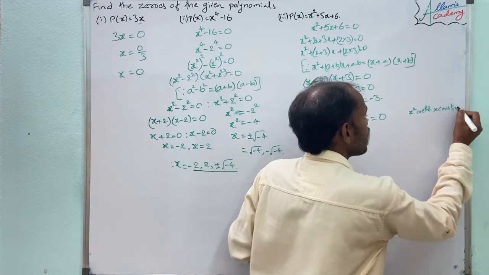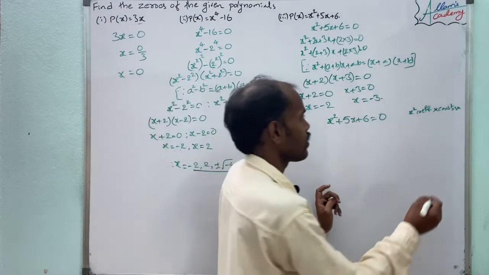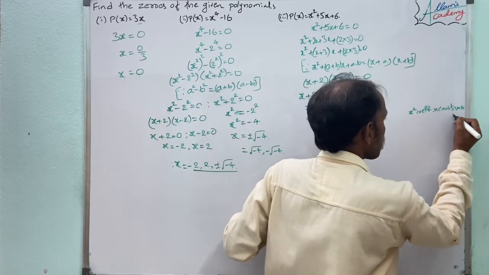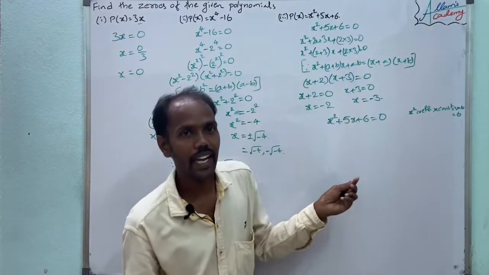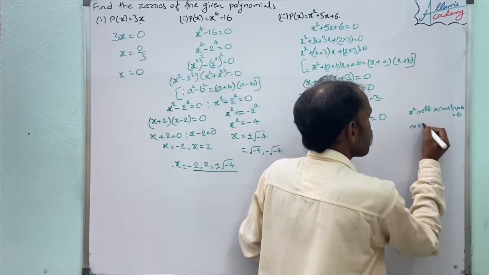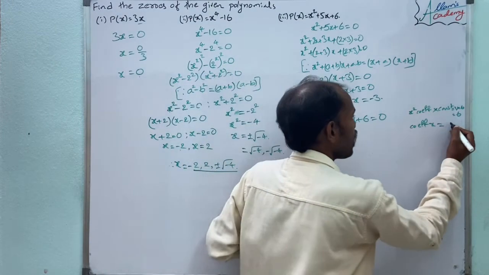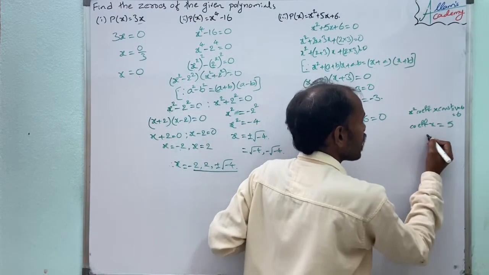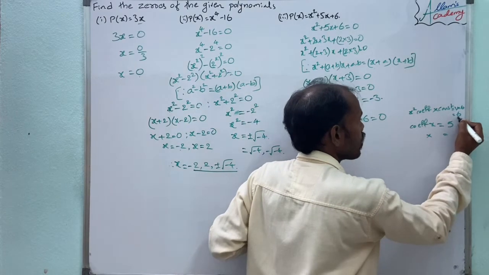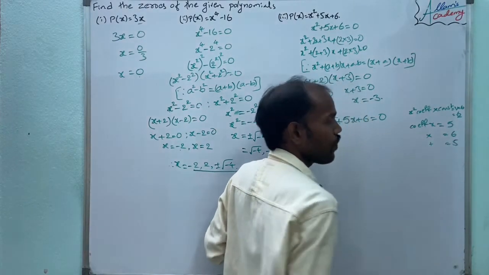So 1 into the constant term 6 equals 6, and the coefficient of x is 5. So we need two numbers whose product is 6 and whose addition is 5.